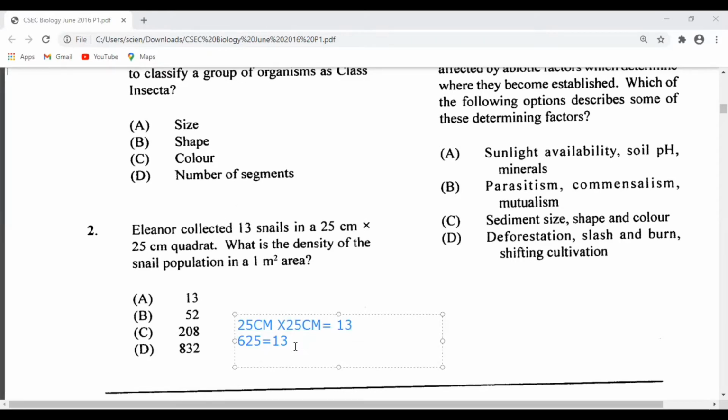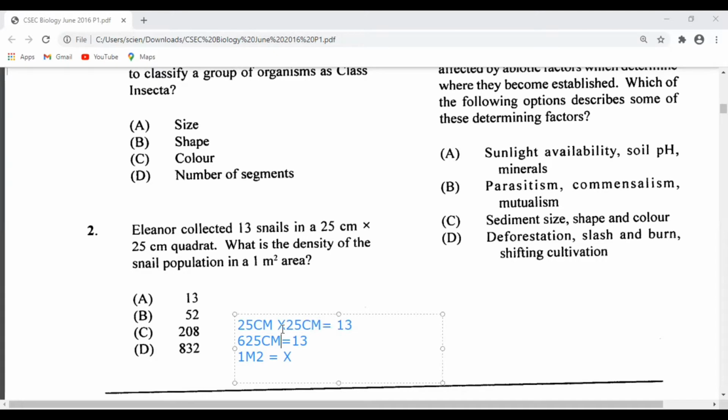Okay, and then for the last part we have 1 meter, which is equal to x, and it's x because we don't know the density. All right, so the next thing we have to realize is that to work out this equation we have 2 different units, so we cannot do anything without converting one of these units.